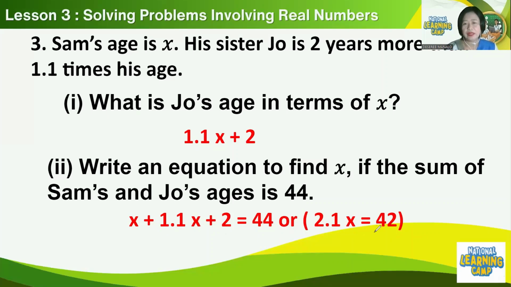Why 2.1x equals 42? We add x and 1.1x, so that equals 2.1x. Why 42? The 2 will be subtracted from 44, so 44 minus 2 is 42. So that's why 2.1x equals 42 is the equation for the sum of Sam's and Jo's ages.